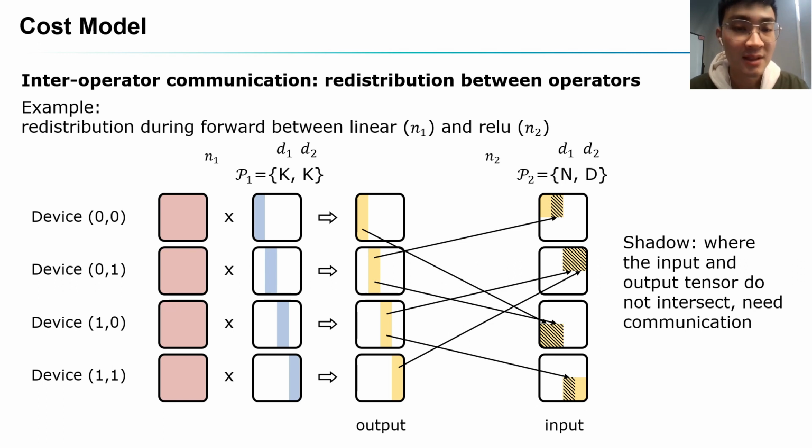By evaluating DSIs of N1 output and N2 input, we can determine the length of intersection in each dimension to compute the communication size. We model the inter-operator communication latency as a linear function of the total communication size.